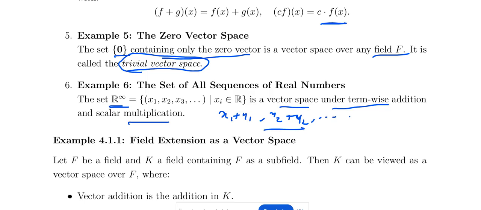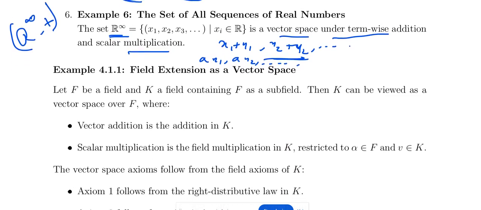This is called term-wise addition. Term-wise scalar multiplication means alpha x1, alpha x2 and so on. This is called term-wise multiplication. Under this addition and multiplication, this forms a vector space. That means R power infinity under plus is an abelian group and satisfies the scalar multiplication properties. These are general examples.